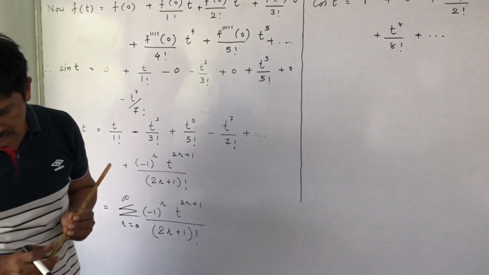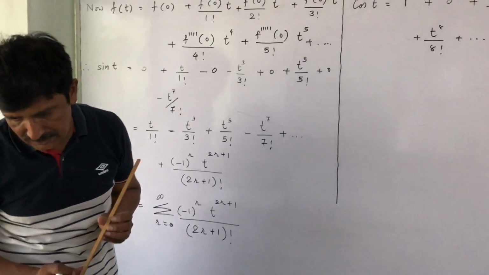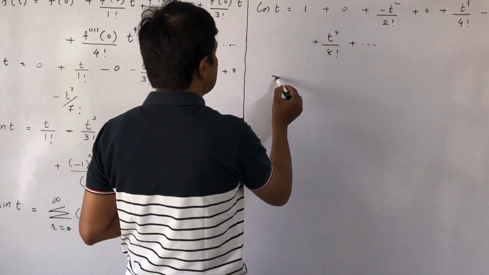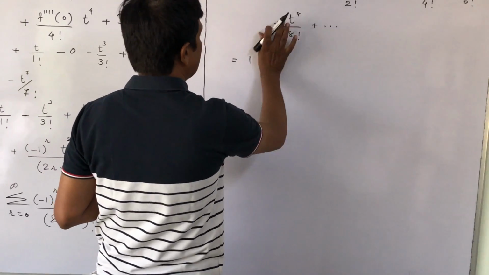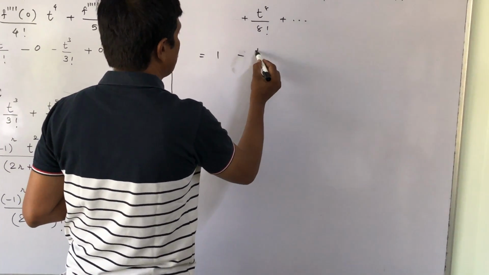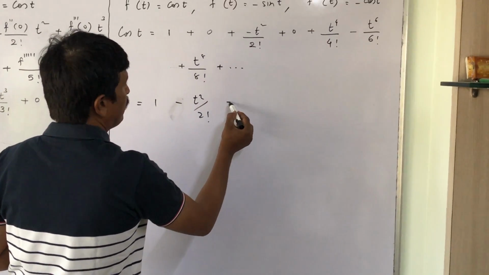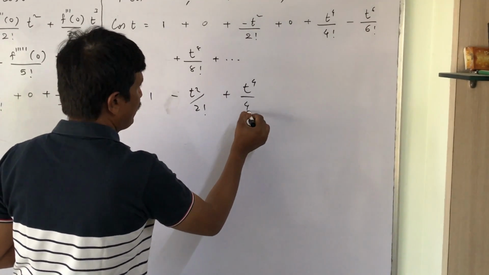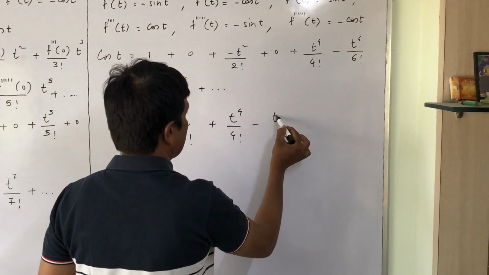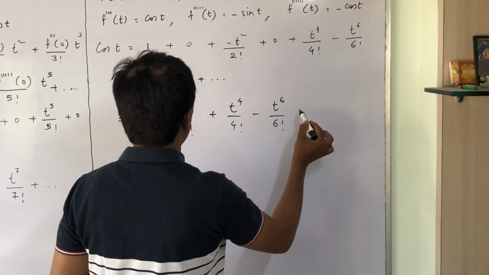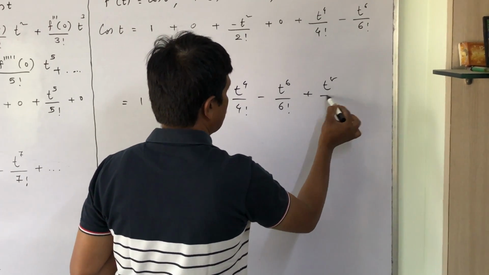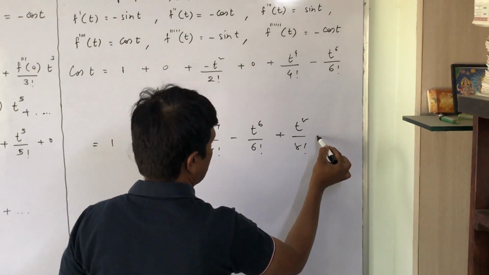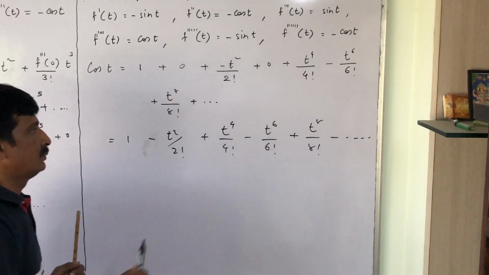So this is 1 minus t square by 2 factorial plus t raised to 4 by 4 factorial minus t raised to 6 by 6 factorial plus t raised to 8 by 8 factorial, with alternating signs.